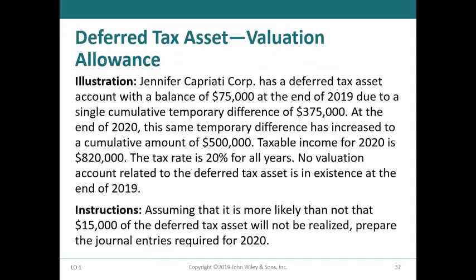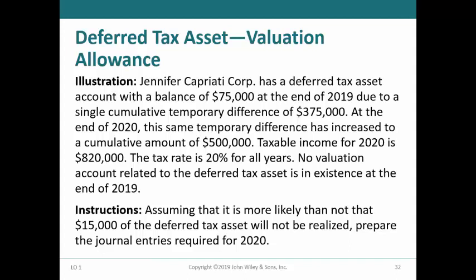In this example, Jennifer Capriotti Corporation has a deferred tax asset account with a balance of $75,000 at the end of 2019 due to a cumulative difference of $375,000. At the end of 2020, the company must determine if it is more likely than not that it will be unable to realize the benefit of this deferred tax asset.